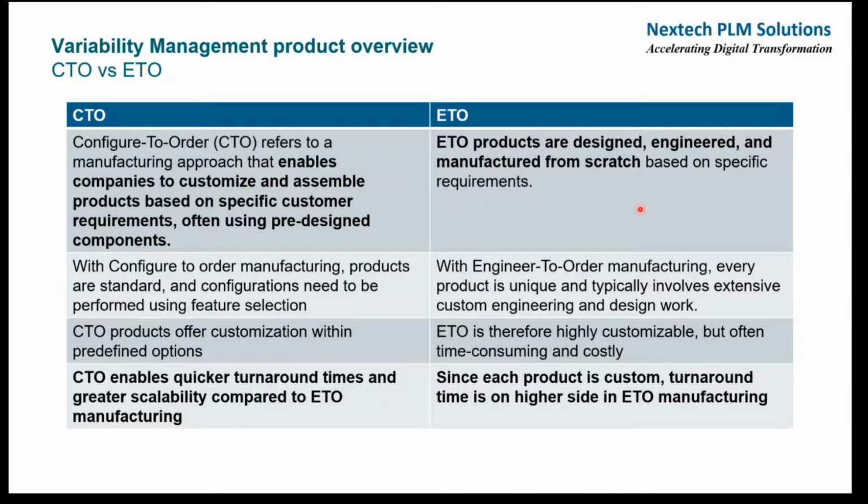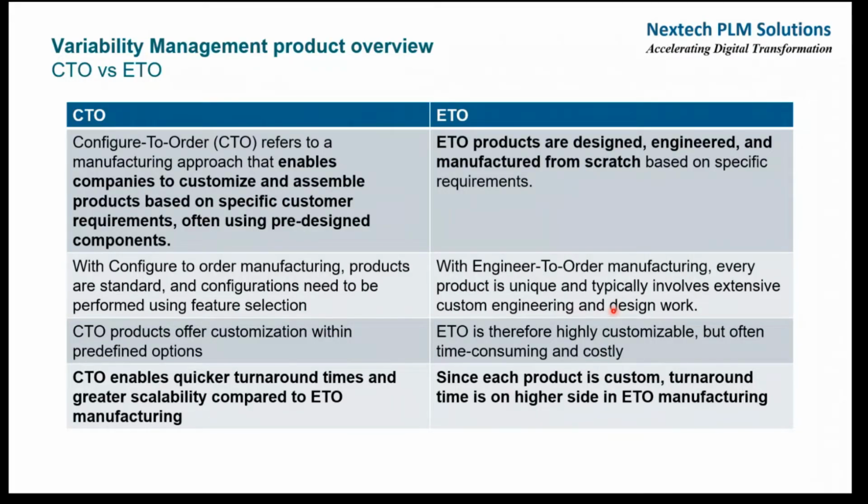So with CTO, as I was mentioning, configuration is performed using feature selection. The standard features are exposed to the customers, and they would do the selection, and based on that, configurations would be performed. While in case of ETO, since every product is unique and very specific to that customer, it involves extensive customization as compared to CTO.